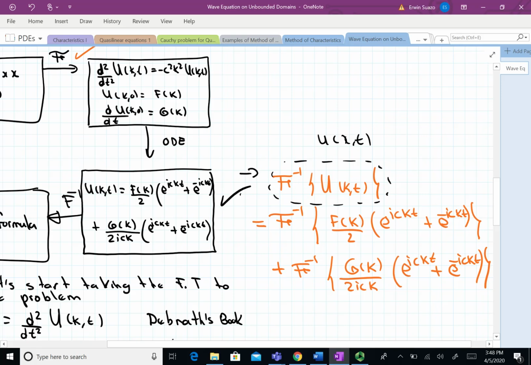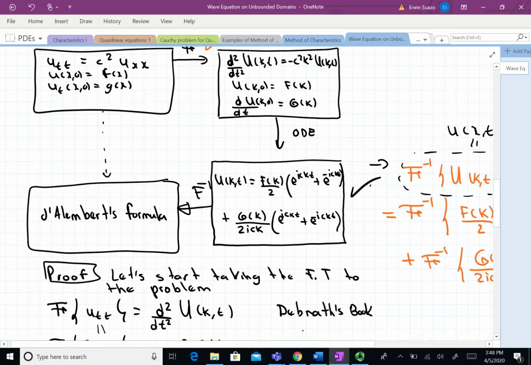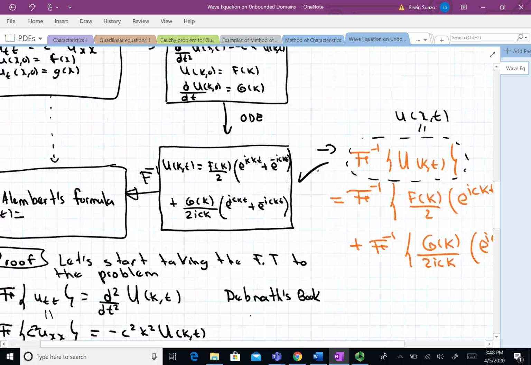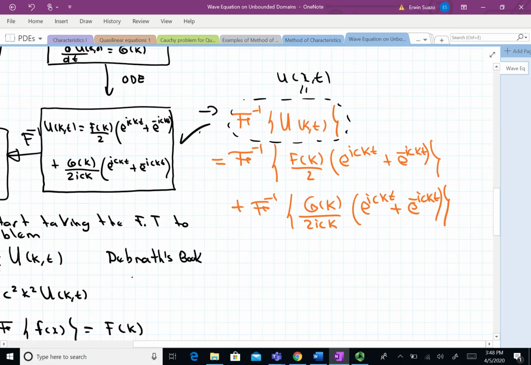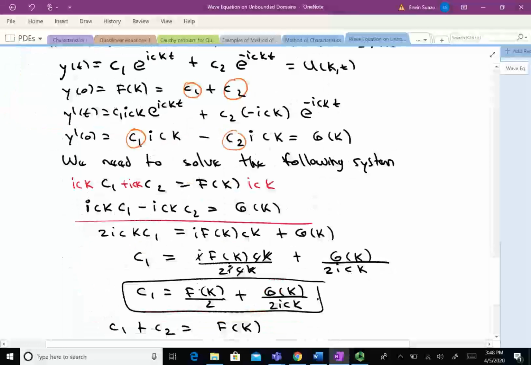So we get u(x,t) on this side, equals. Now we have to do the inverse Fourier transform of the right side.